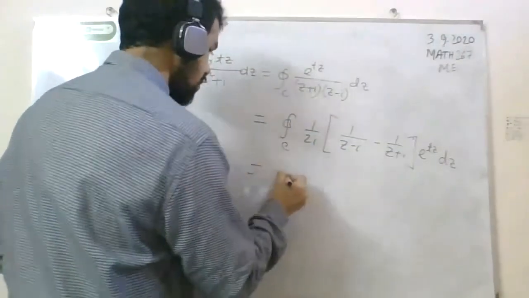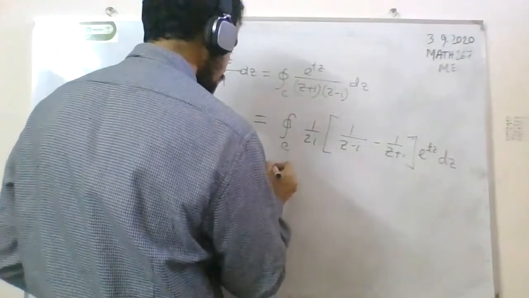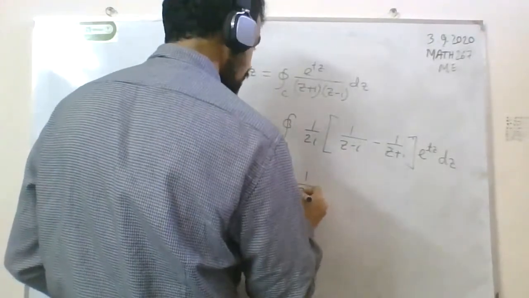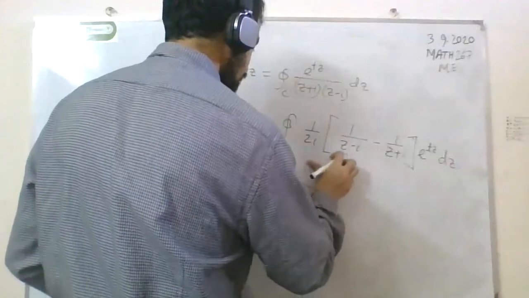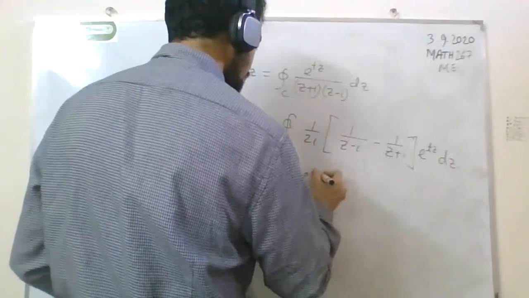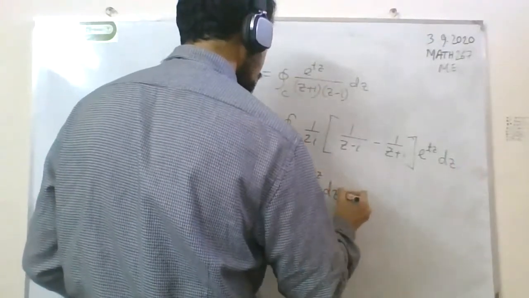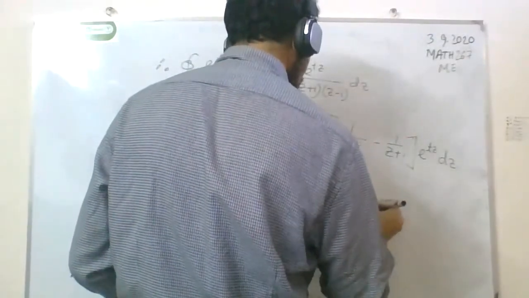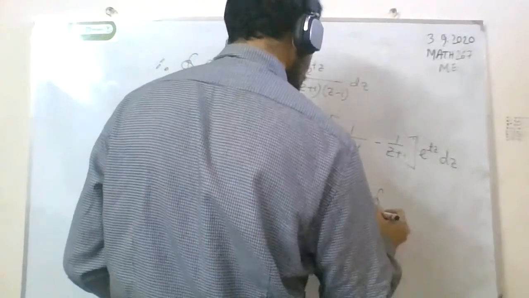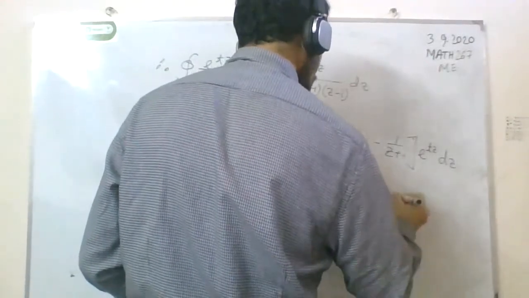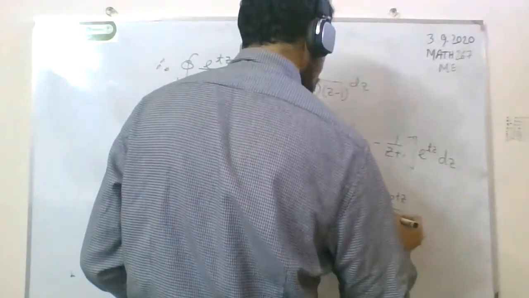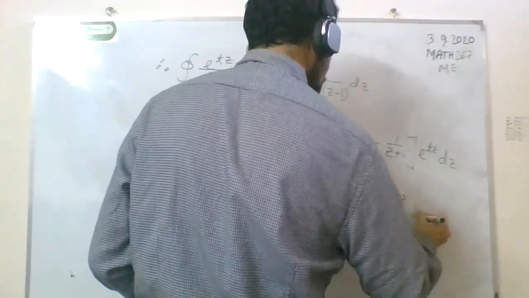Now you can write this: e to the power tz dz, and so 1 by 2i integration e to the power tz, also z plus i dz.